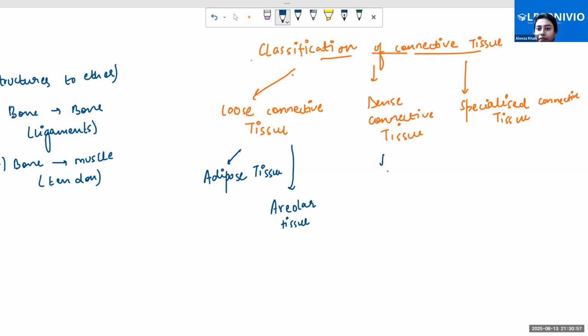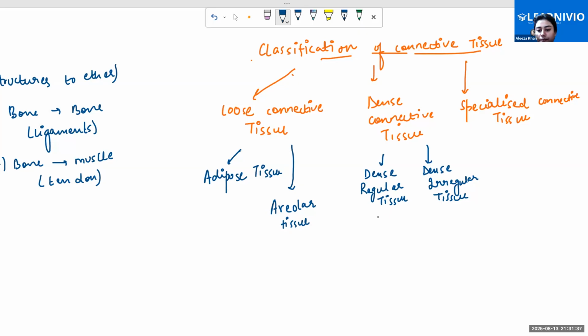In the dense connective tissue, you will be dealing with dense regular tissue and one more, dense irregular tissue. If you don't understand any word or the writing, you can ask me, okay?